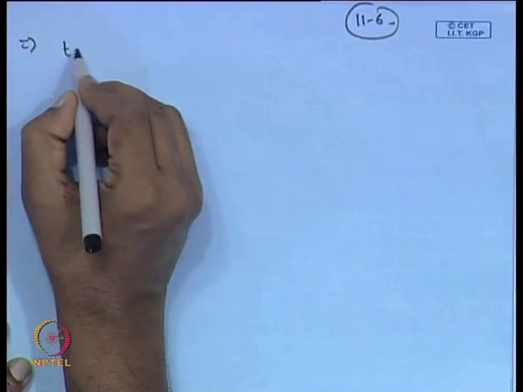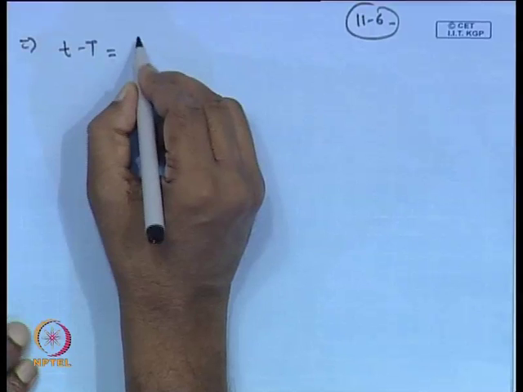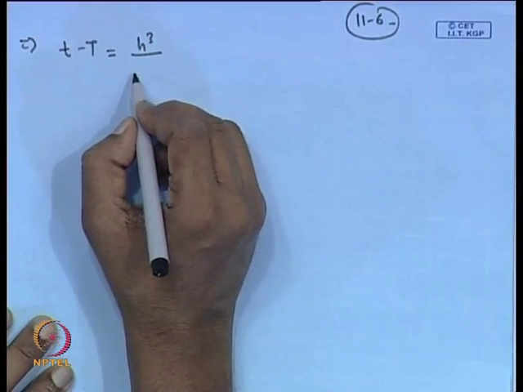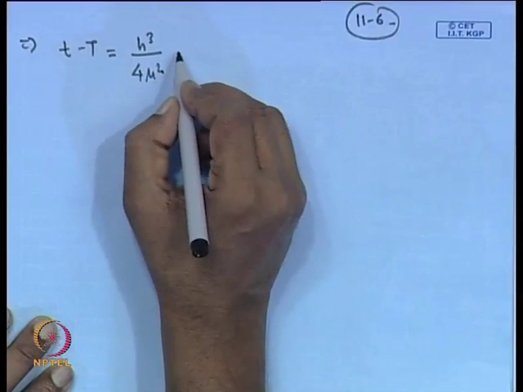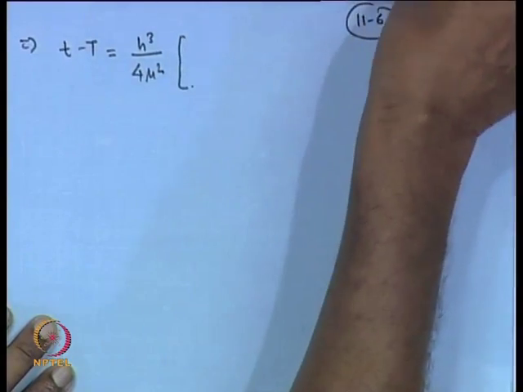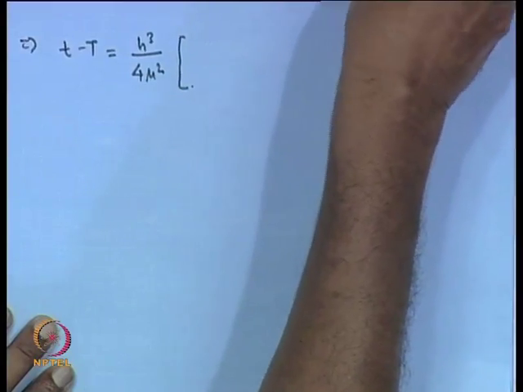So, this implies t minus t0 is equal to h cubed by 4 mu squared.